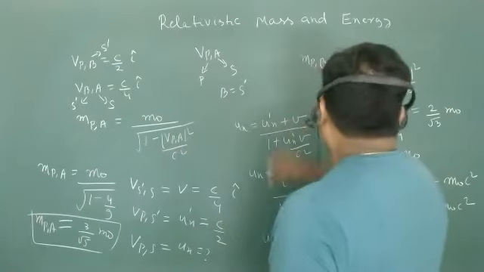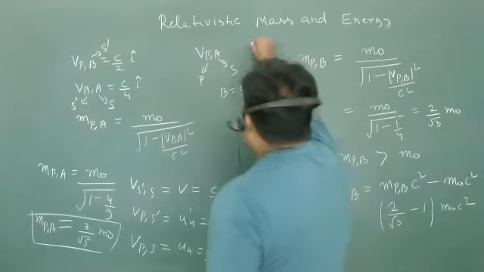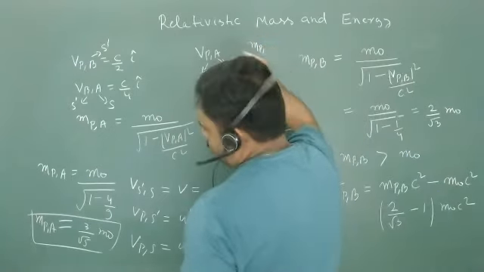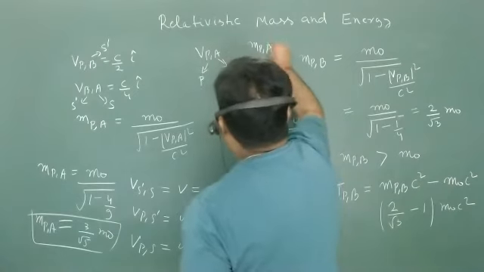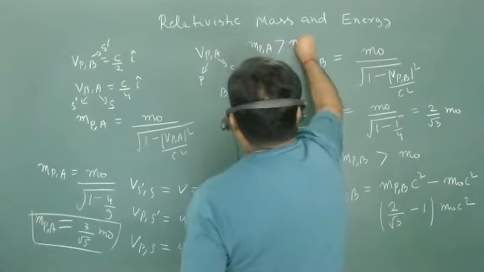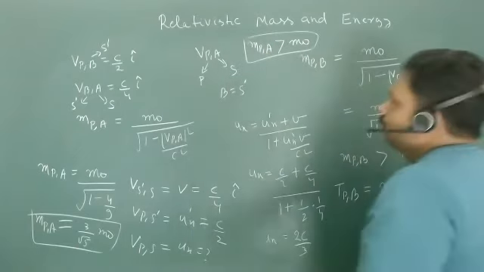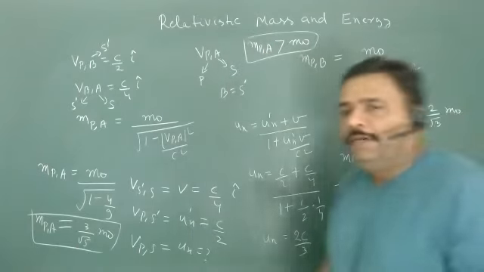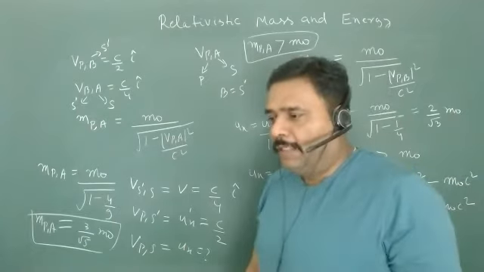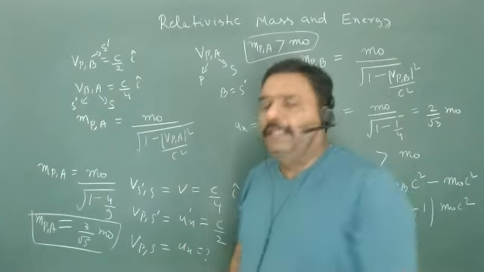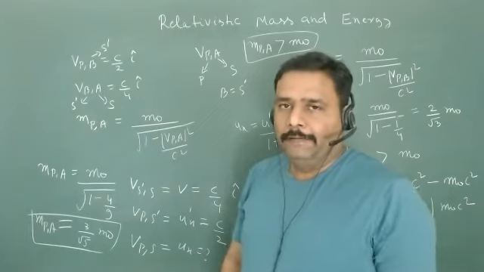You can again conclude that the mass of the particle with respect to A is also greater than m naught. And this is all about relativistic mass. You will feel heavier mass. This is very interesting, isn't it?